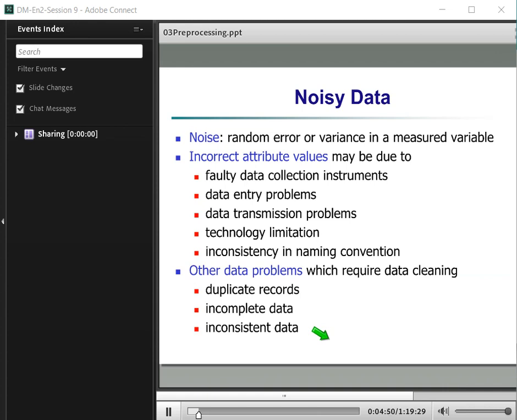But the first question is, what is noise? Noise means a random error that is applied on measured values.